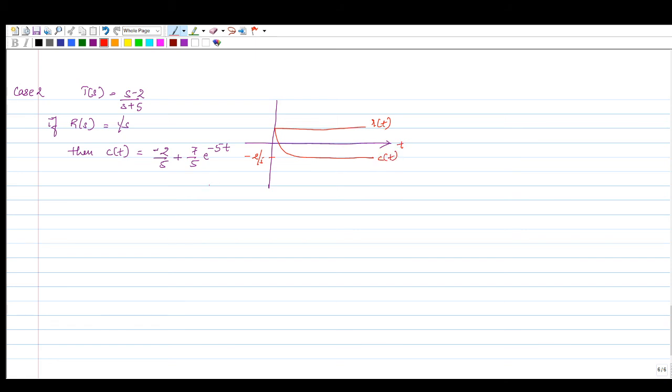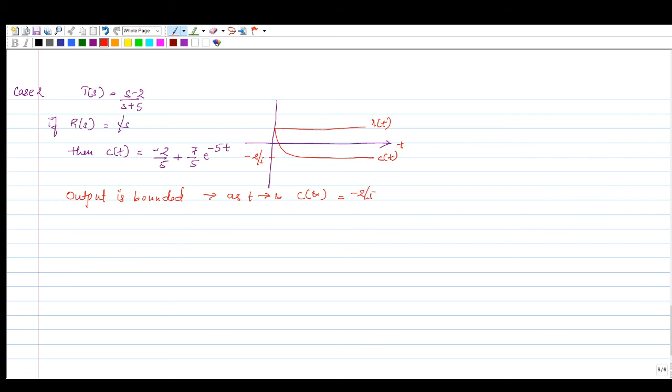Here you can see that the output is bounded, because as t tends to infinity, the c of infinity value is equal to minus 2 by 5.